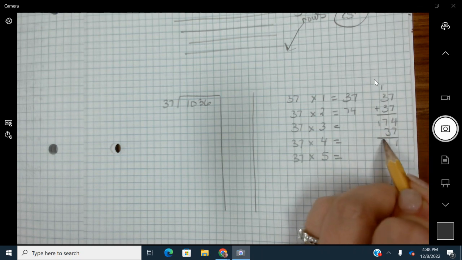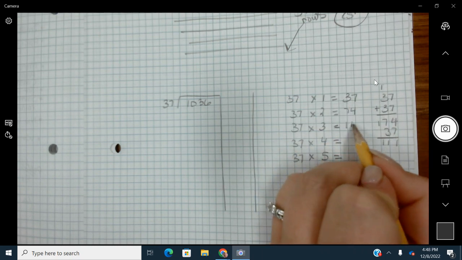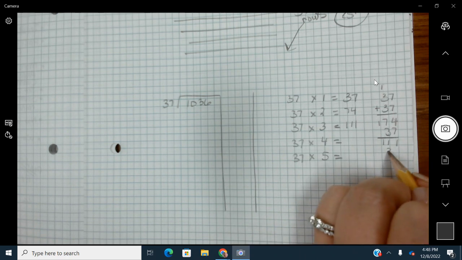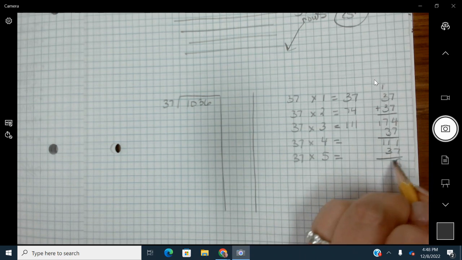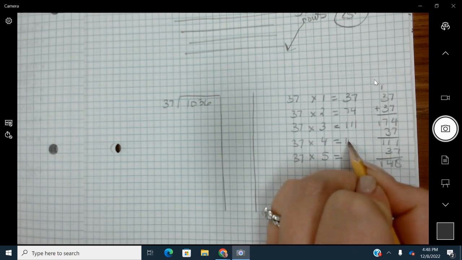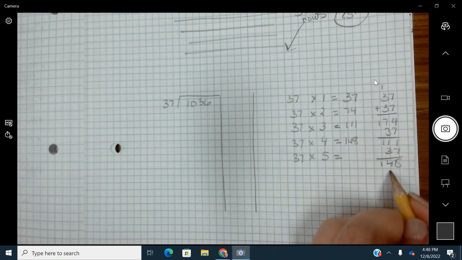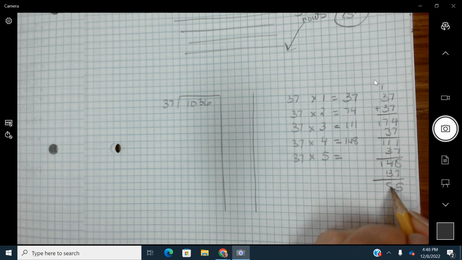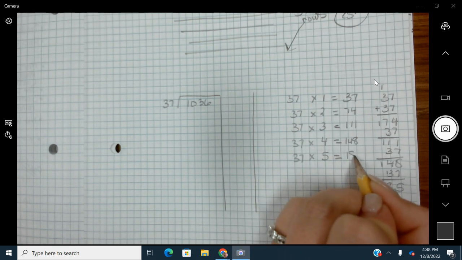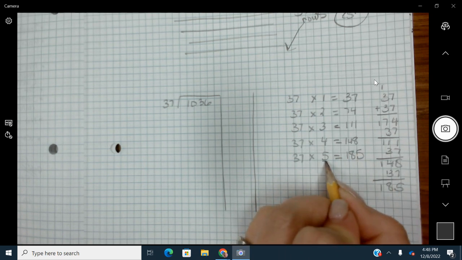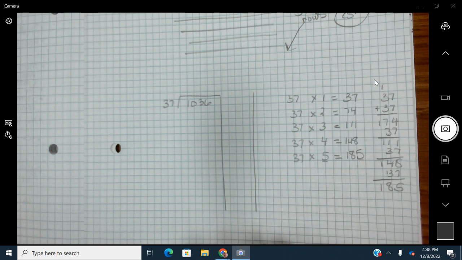That's 10 plus 1 is another 11. So 111. Plus 37: 8 plus 7 is 15. 1, that's an 8, 185. And I always tell the kids that when they get to number 5, they'll know they're probably on the right track if it ends with a 0 or a 5.